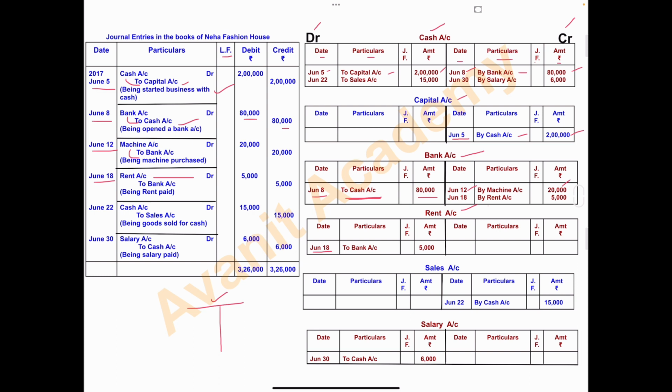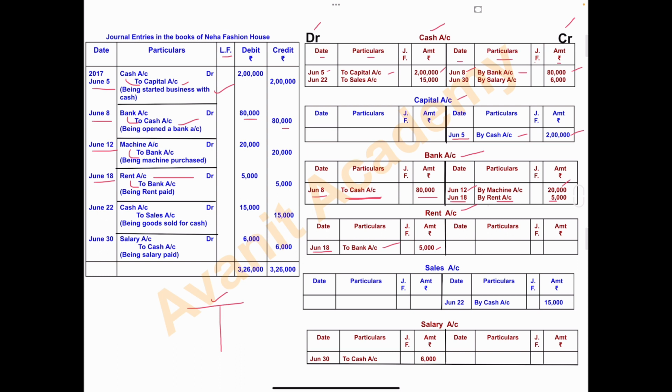This rent account is debited against which account? Bank account. So write to bank account, amount 5,000. The bank account in this fourth transaction is credited. So credit side, right, on June 18 by rent account 5,000.